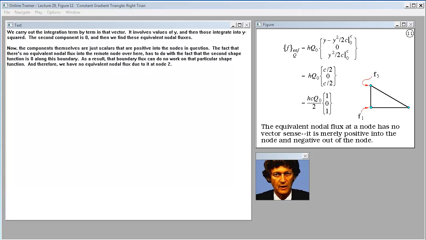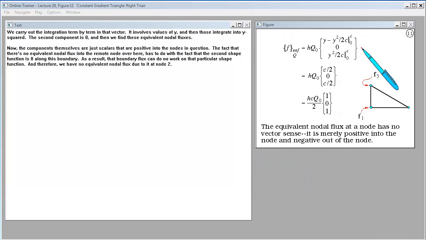We carry out the integration term by term in that vector. It involves values of y, and then those integrate into y squared. The second component is 0, and then we find these equivalent nodal fluxes.